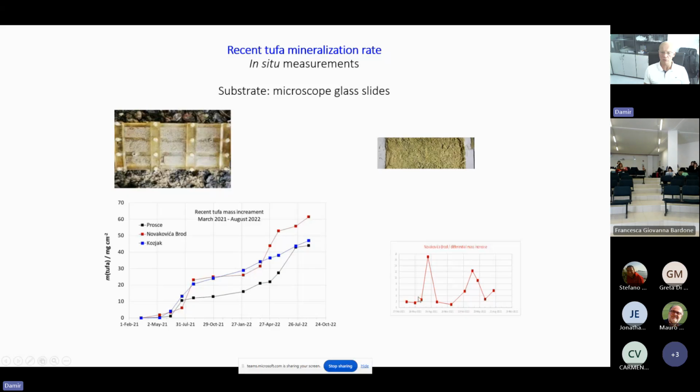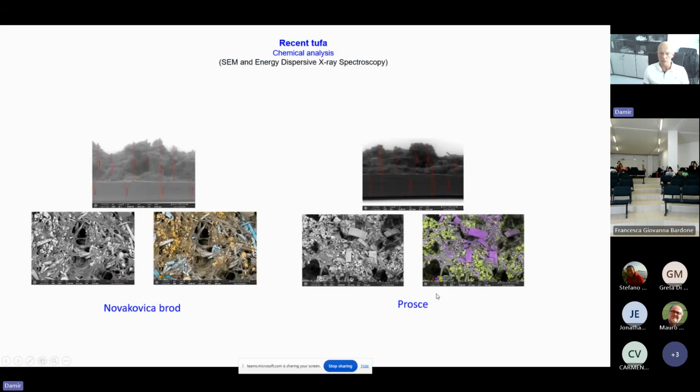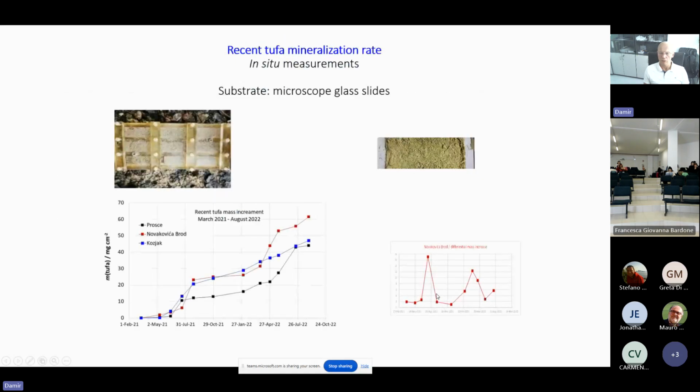On this differential presentation, it could be seen that maximal mineralization is observed during August and September in year 2021 and in year 22.